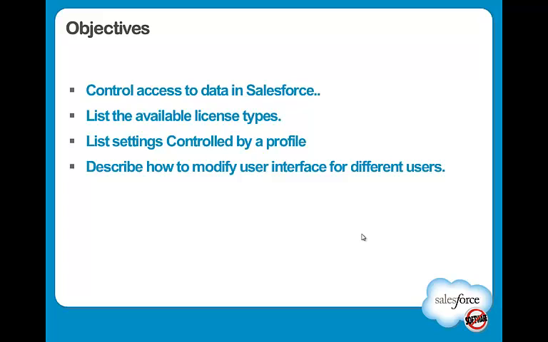Maybe it would have around 10 or 12 fields, whereas if a sales manager is logging in, he may end up seeing, let's assume, a page which is totally different from the one the salesperson sees. I would like to talk about that as well when we go along. So these are the main objectives or main topics that would be covered in this particular screencast.